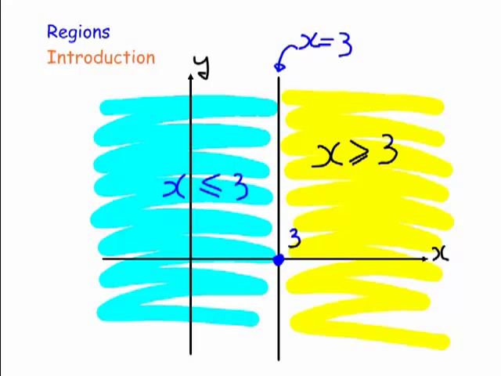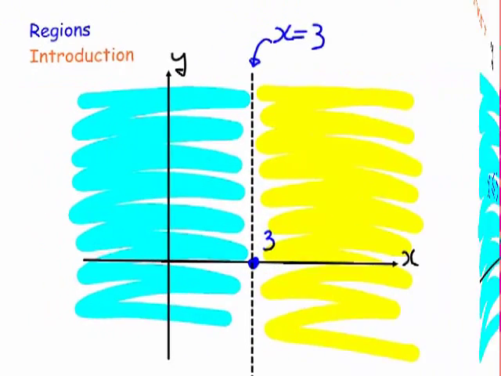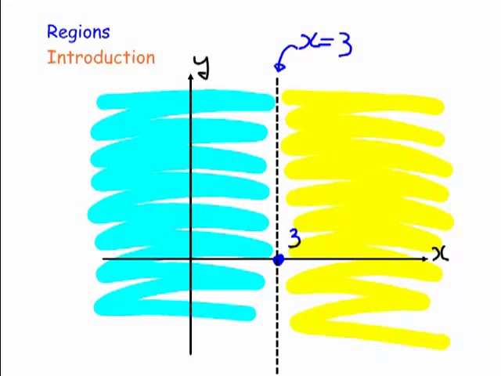Now if I change my line to a dotted line, let's actually do that. Okay, I've changed my line to a dotted line now. The boundary is still x is equal to 3. Instead of x larger than or equal to, x will now be just larger than 3.